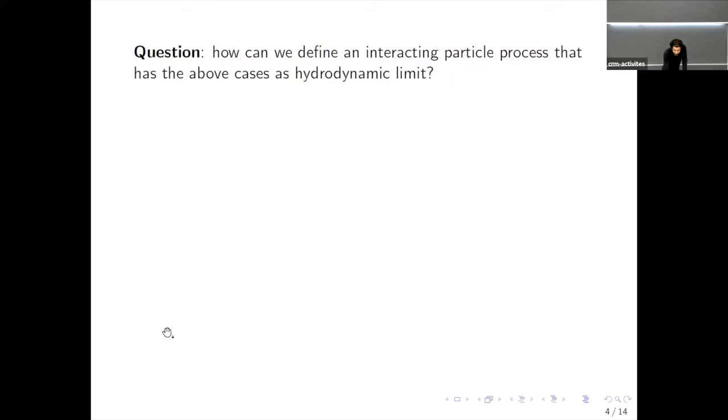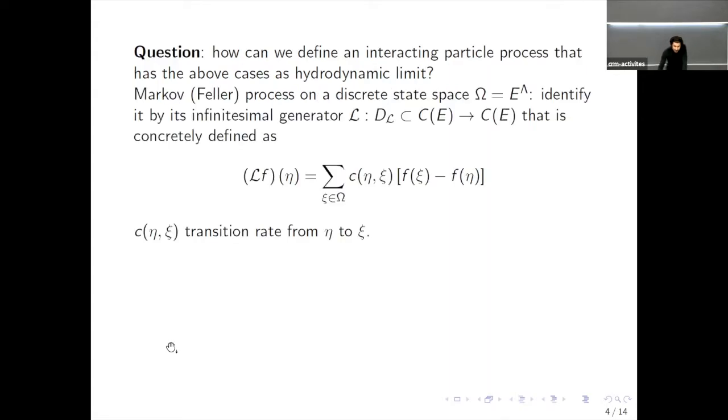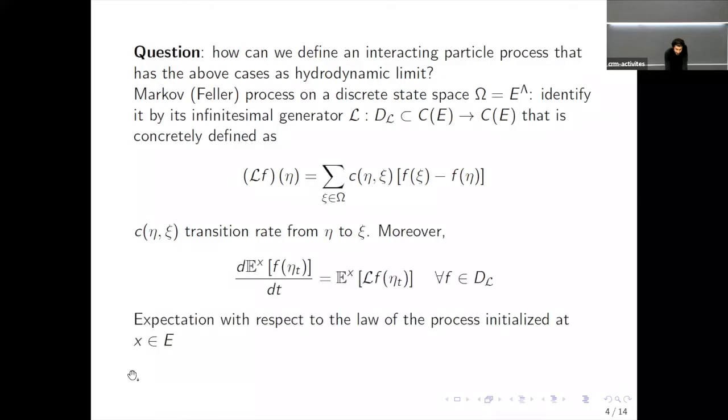So the question we would like to answer is: how can we define an interacting particle process that has the above cases as hydrodynamic limit? Let me remark some general facts. Consider a Markov, actually a Feller process on a discrete state space, and as we know, we can identify it by its infinitesimal generator, which is, concretely speaking, defined by the transition rates from eta to zeta.